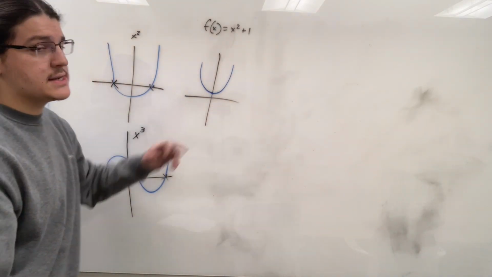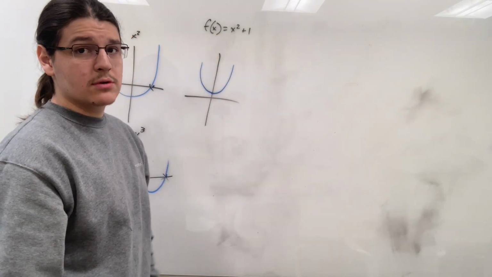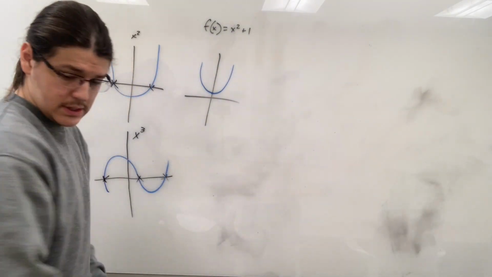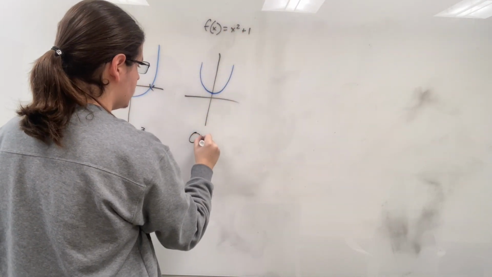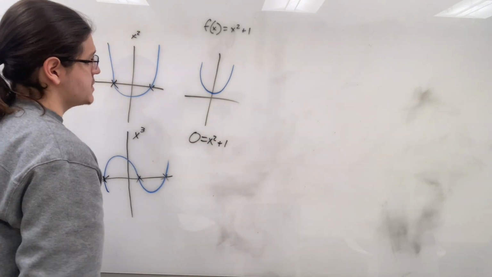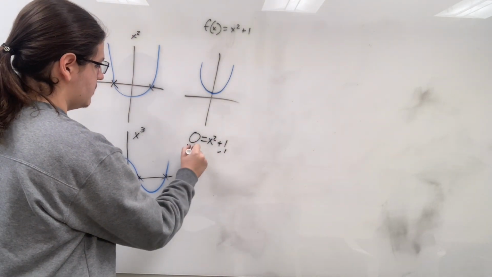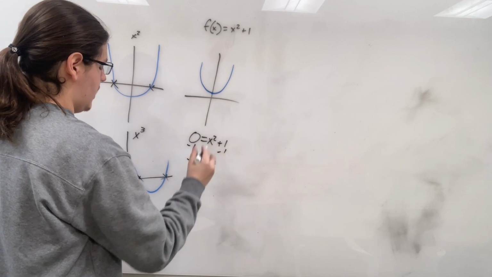It does not touch the x-axis. But if we set this equal to 0, what happens? If 0 is equal to x squared plus 1, well, this is just a 2-step equation. Minus 1, minus 1. We have negative 1 is equal to x squared.